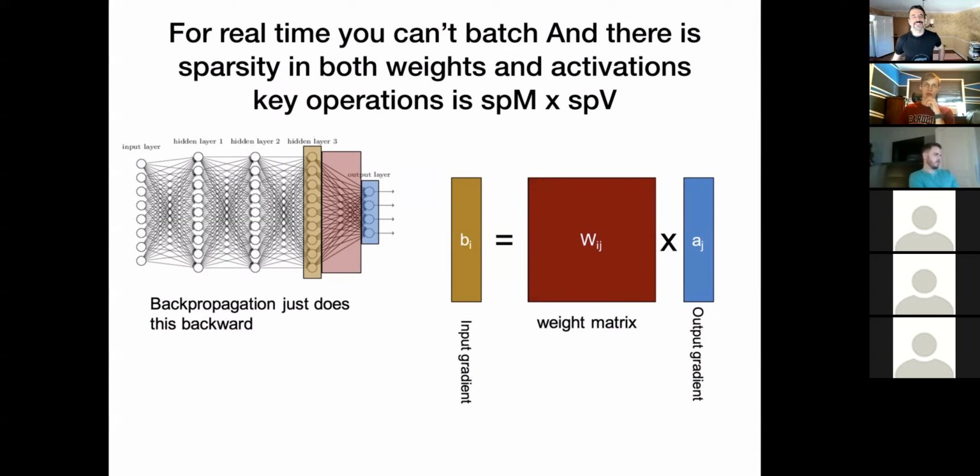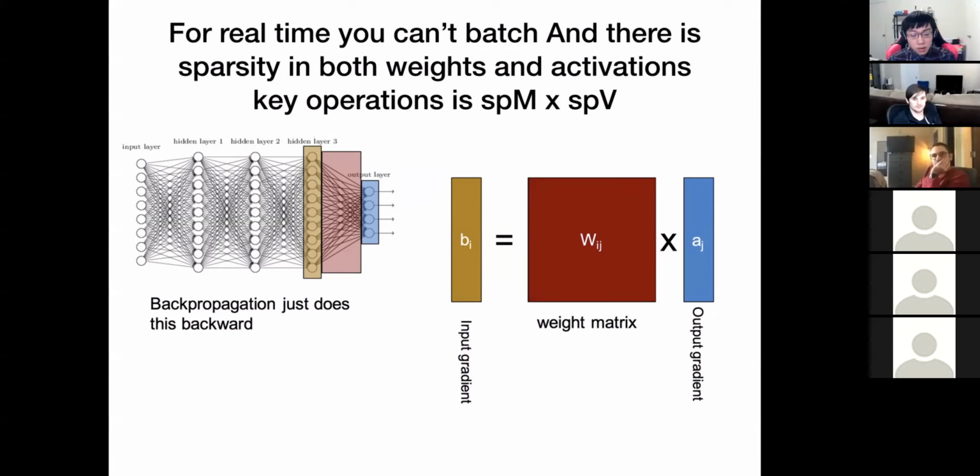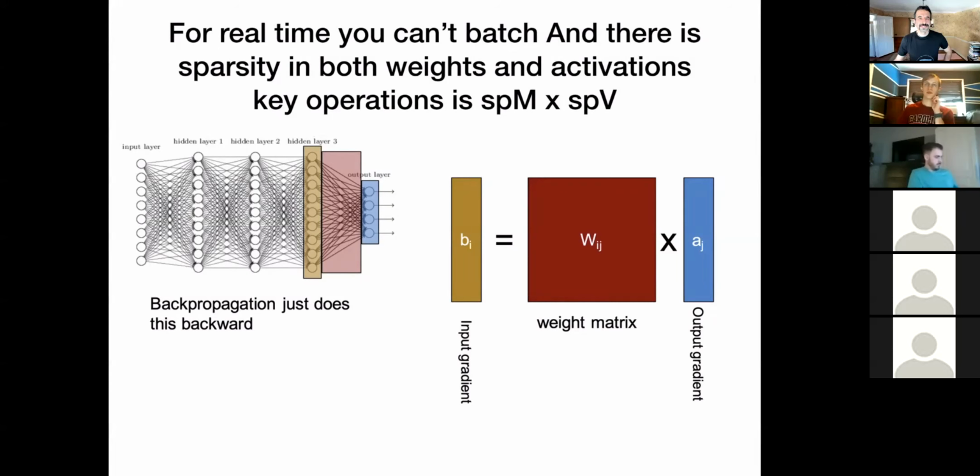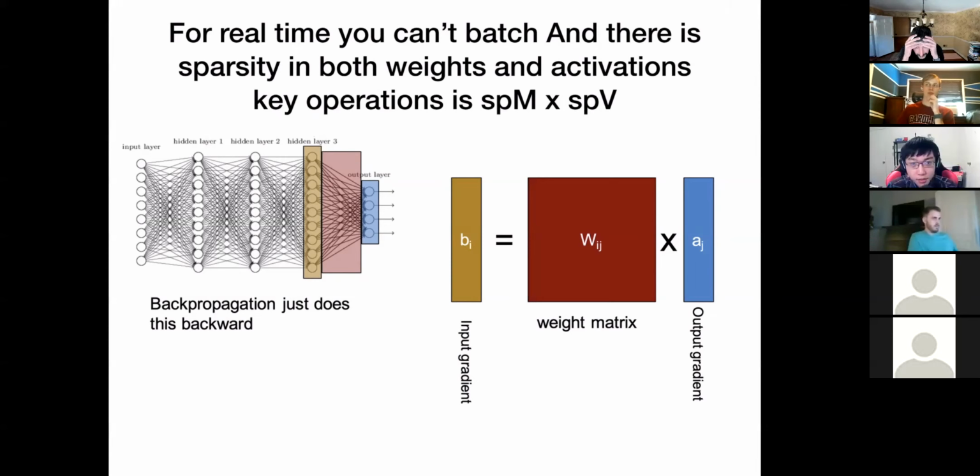Are you guys following? They're mostly 0 because the weights are sparse, as if they're not connected. Why are the weights sparse?